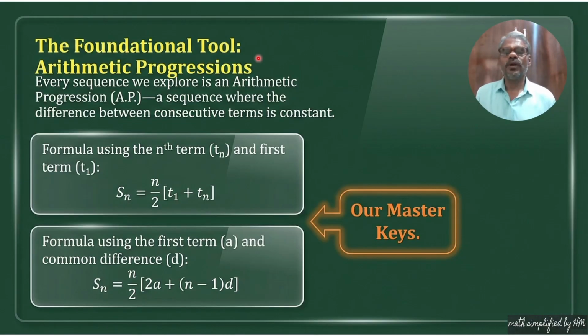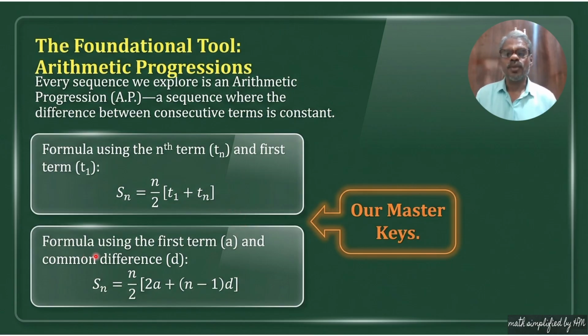The foundational tool, arithmetic progressions. Every sequence we explore is an arithmetic progression where the difference between consecutive terms is constant. Formula: using the nth term Tn and first term T1, Sn = n/2 (T1 + Tn).